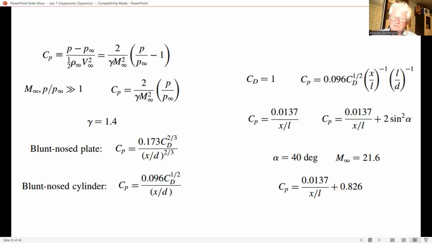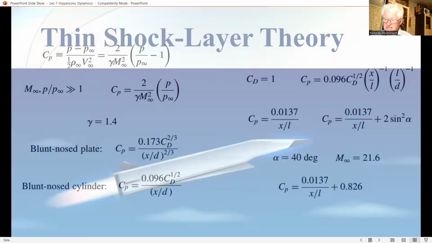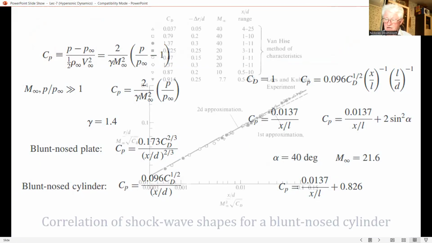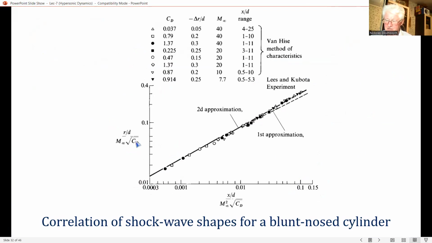The agreement between theory and flight data, as represented in this diagram, is quite remarkable, especially when considering that the theoretical curve can be calculated in a few minutes by hand. This clearly demonstrates the value of both blast wave theory and Newtonian results.